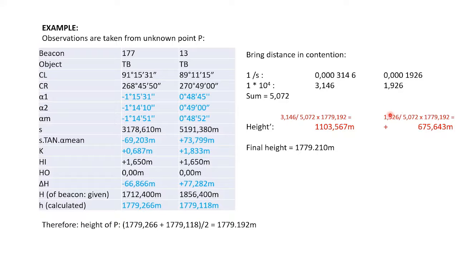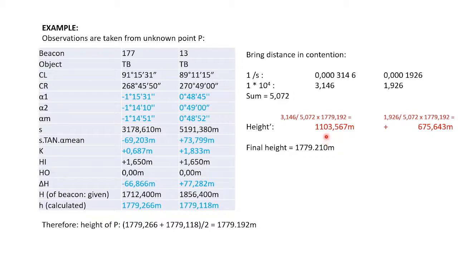It just makes sense, because if you take a reading 10 meters away from you and a reading 100 meters away from you, the 100 meters one is probably not going to be as accurate as the 10 meters one. So that's why we add these values up. So you add all the values up together, you get a total, and then you say the ratio of each one to that total times this height over here, and you get separate heights, so separate portions.